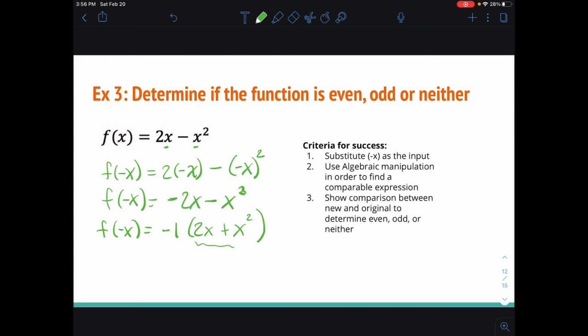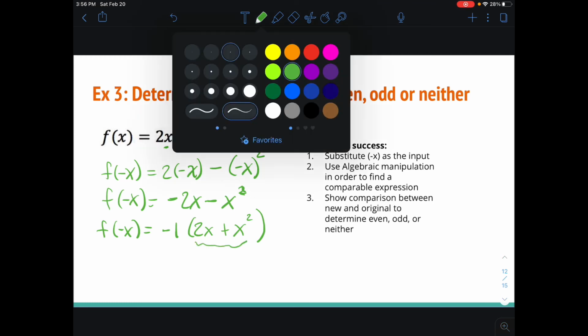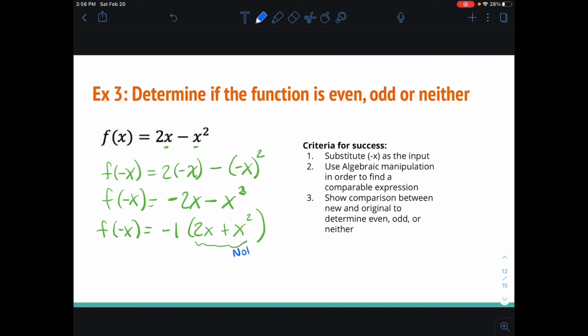Now, when I look at this, this is not equal to f of x. So we have the opposite of something. It's not f of x. This original here was also not f of x.